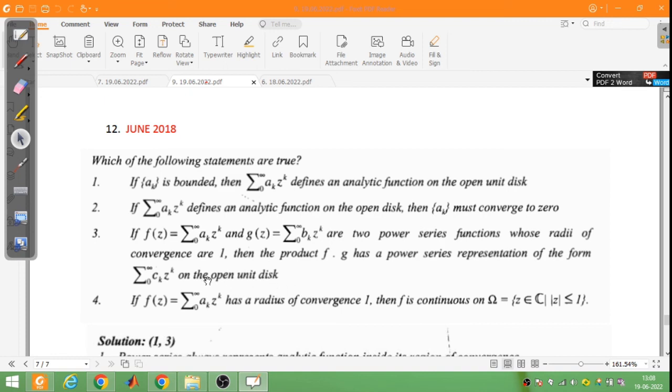Open unit disk means the modulus is less than 1. This radius of convergence is 1 and this is 1, so the required power series also has R equal to 1. So option 3 is correct. This is the way to match your property to your required answer. Then you have to finalize your options.